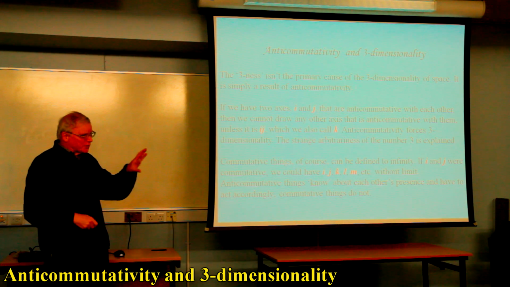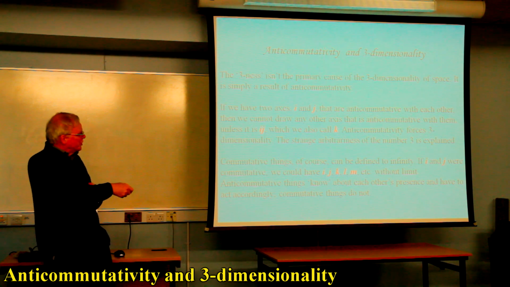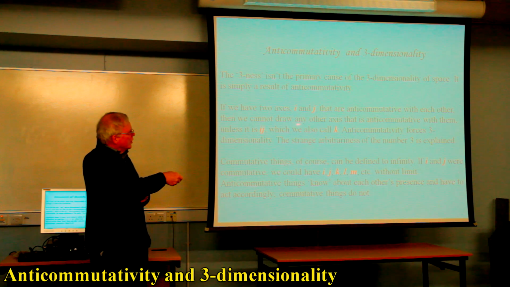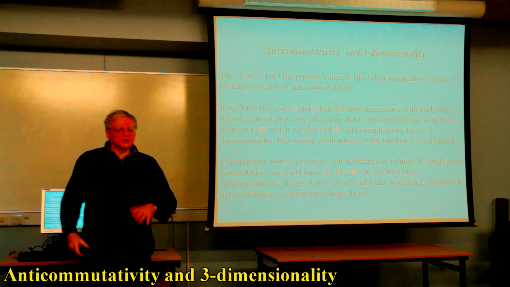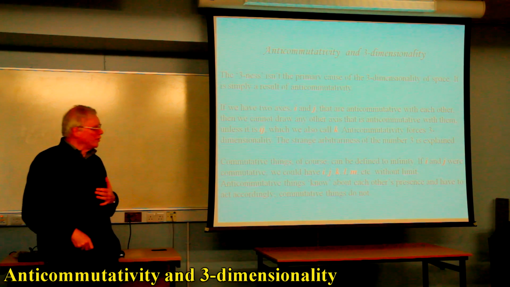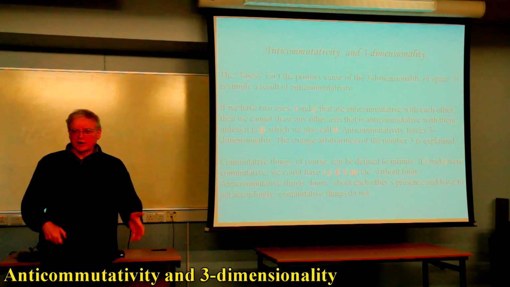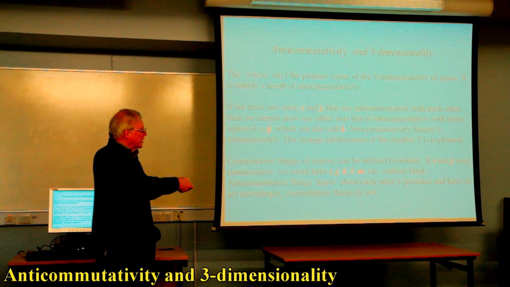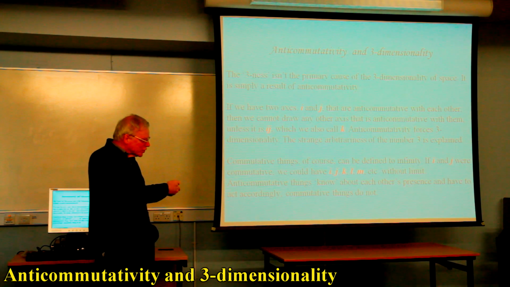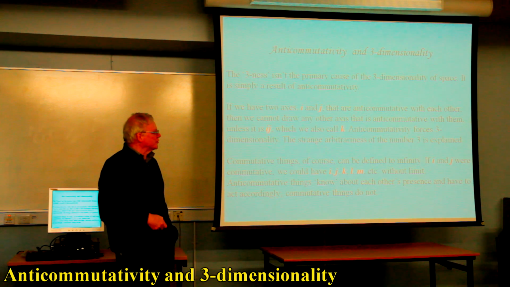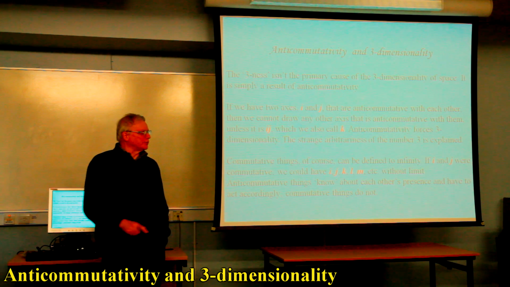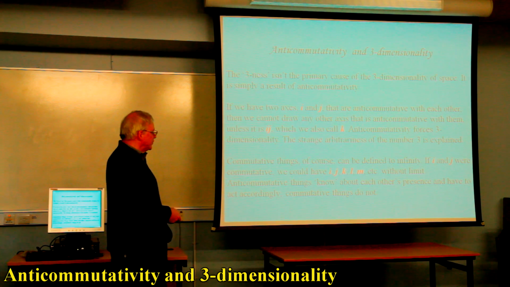So if we forget about the anti-associative bit for the moment, if we have 2 axes i and j that are anti-commutative with each other, then we can't draw any other axis that's anti-commutative with them, unless it's i times j. It's the only other axis that will be anti-commutative with them. And we also call that k. So anti-commutativity forces three-dimensionality. So that's why this strange arbitrary concept of three-dimensionality exists.